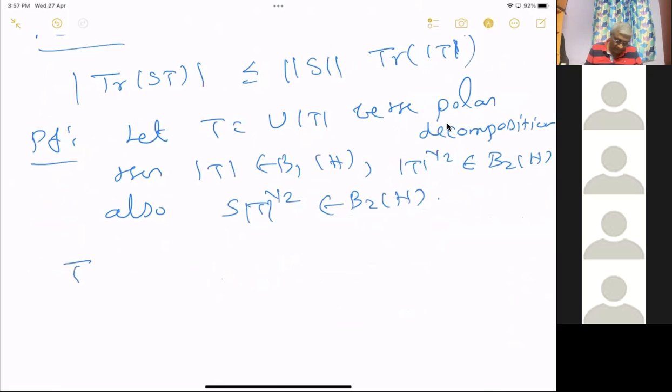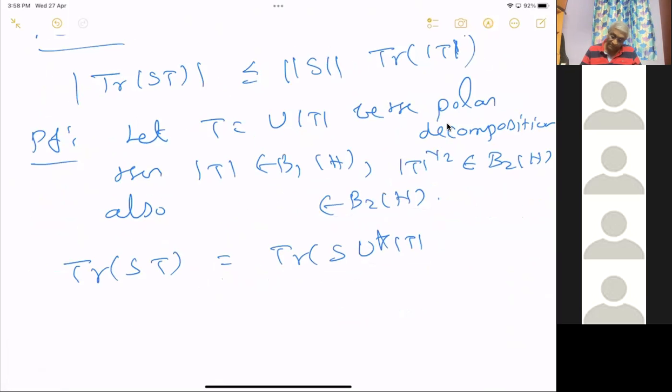So this is the trace of ST. This is equal to trace of S U mod T. Oh, sorry, anyway, I will come to this.